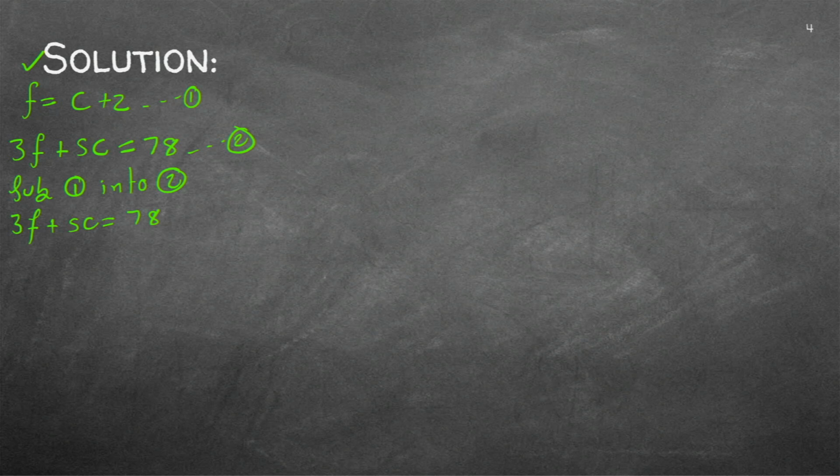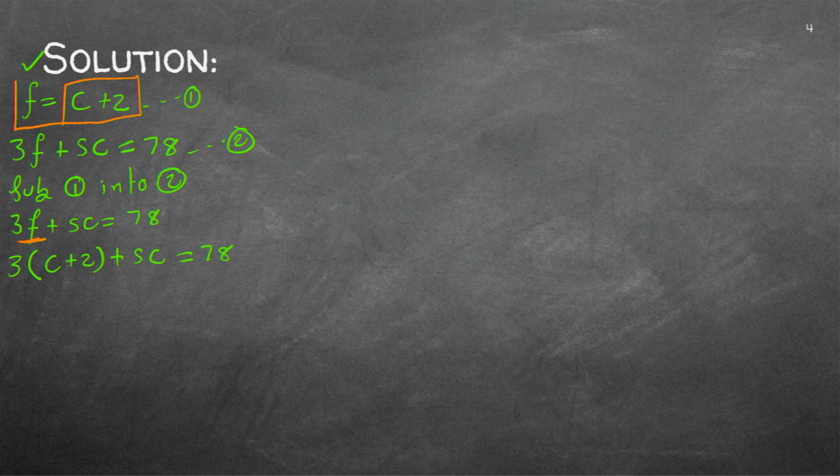So it means whenever I see f, I have to substitute in c plus 2. So in the space of f, that will be now c plus 2. So this will be 3, you open your bracket and then you have c plus 2. And you continue with the rest of the equation, which is 5c equals to 78.